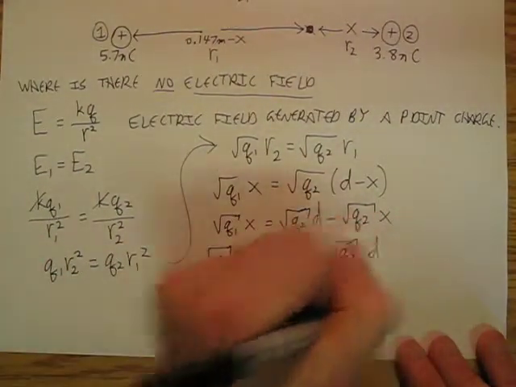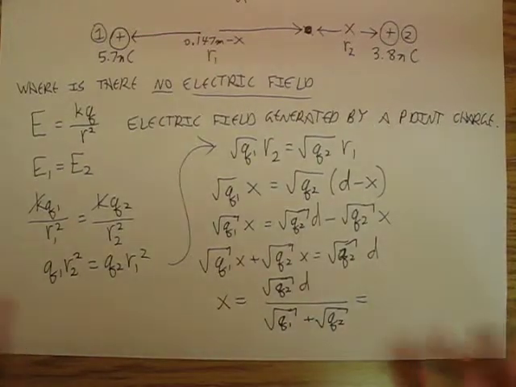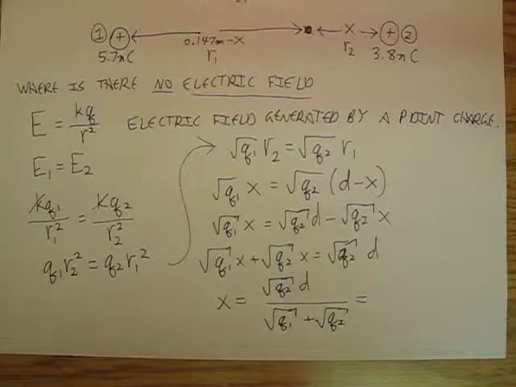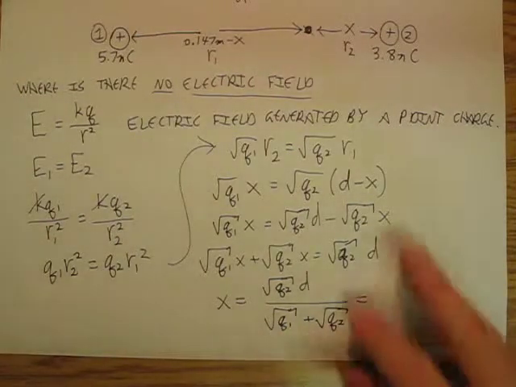And so now I'm going to plug in my numbers and we'll see where we get. I'm probably going to run out of space there, so why don't we just continue on to another page.